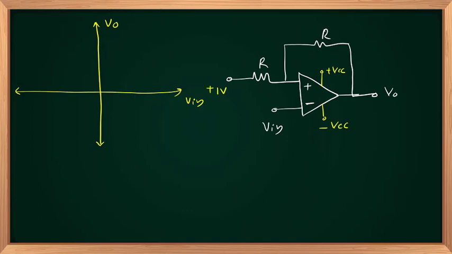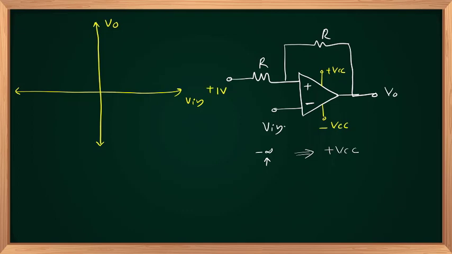Okay. So as we discussed, if my input is at minus infinity, this potential will be positive always, so the output will be at plus VCC, as we discussed earlier.